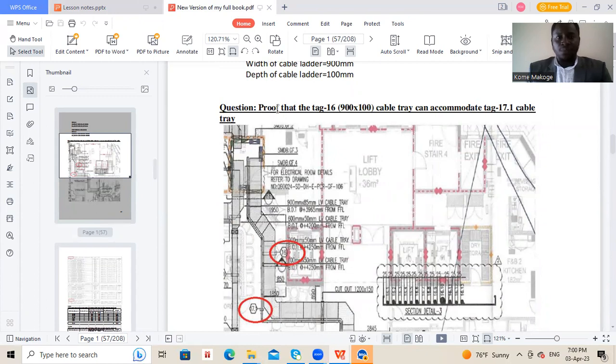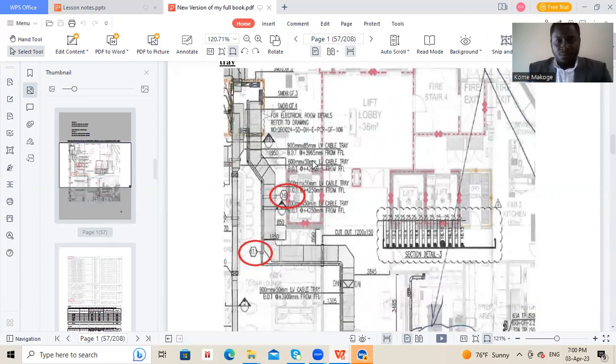Question: prove that the tag 16, 900 by 100 cable tray, can accommodate tag 17.1 cable tray. This is an example which is very important. If you are able to prove this, you'll be able to do various calculations and select different sizes of containments that will be used for different applications in buildings.